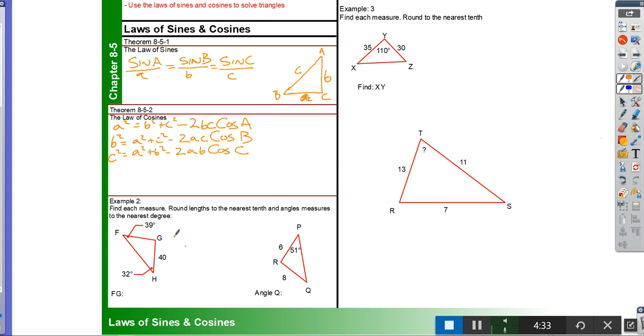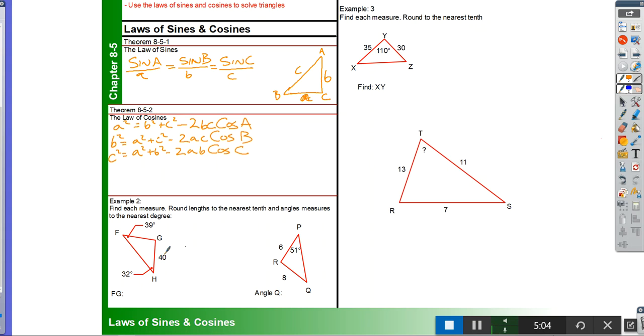We'll probably need a little extra space here, but that's okay. So we have triangle FGH, and we're trying to find the lengths and the angle measurements. And so here we go. Well, I have this angle of 39, and it is opposite this angle here.